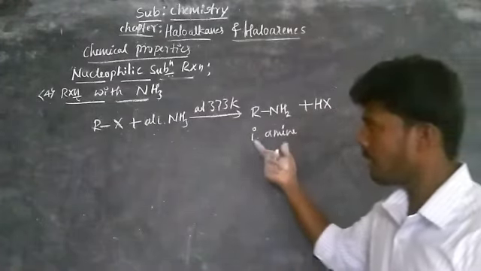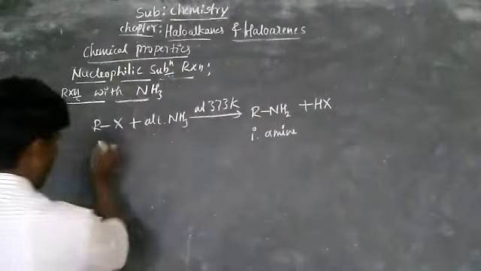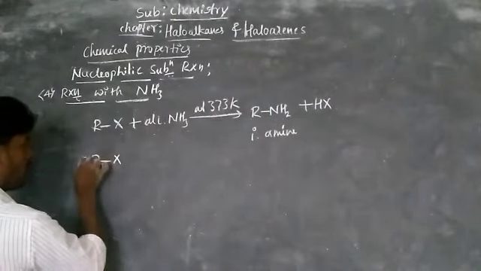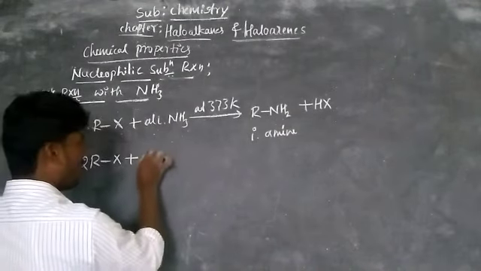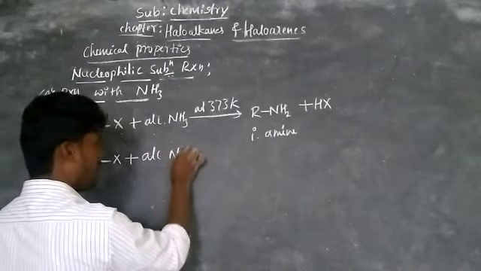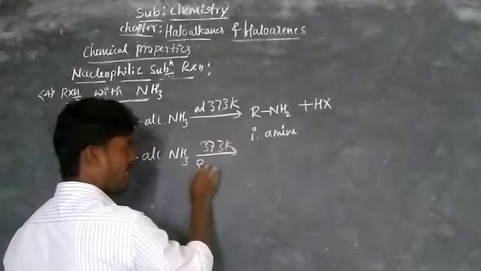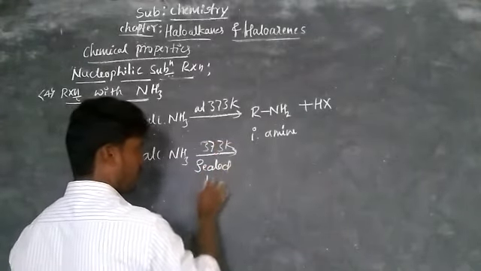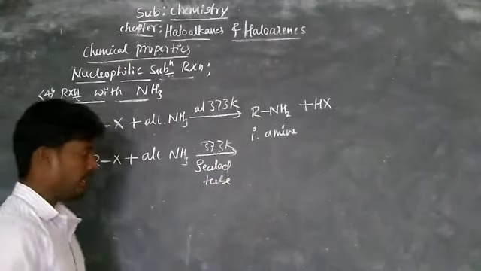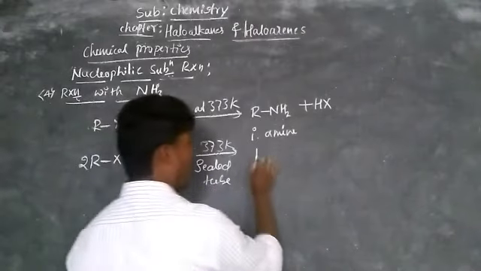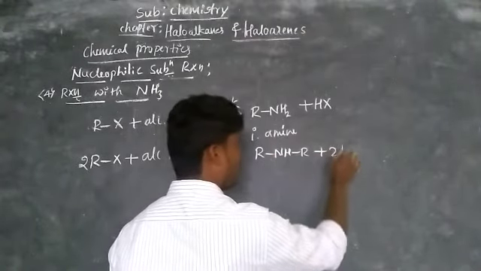Similarly, if you take excess RX, that is two equivalents, this is only one equivalent. If you take two equivalents of RX with alcoholic NH3 at 373 Kelvin in a sealed tube, both reactions are carried out only in a sealed tube. What do you get? R-NH-R plus 2 HX.